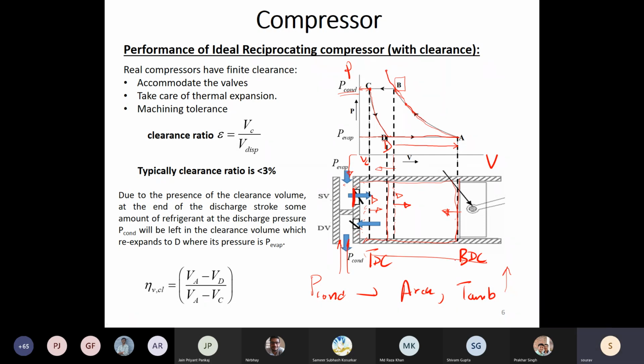But even for the same ambient temperature, if you have a heat exchanger with a small area and another with a higher area, you will have varying condensing temperatures, which we discussed in the previous class, on how the internal and external regimes are connected by the heat exchanger. I told you a 3-star AC will have a smaller area and hence it will operate at a higher condensing temperature and a lower evaporator temperature. So both these are important, and the P condenser will depend on both these factors.